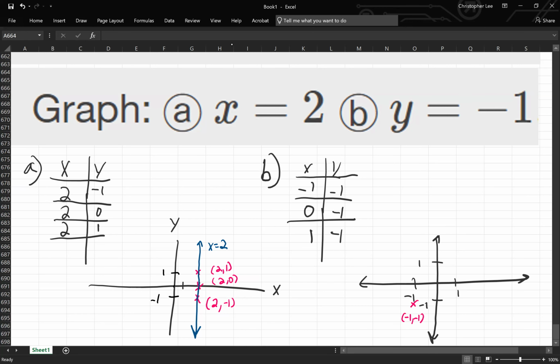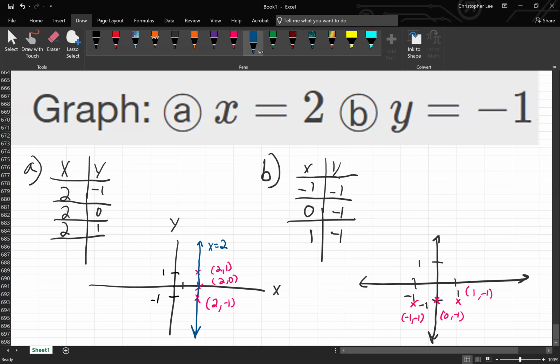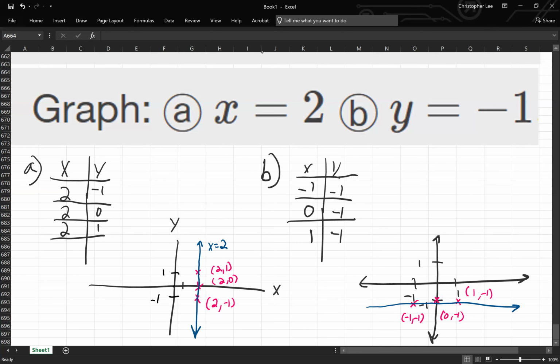Then I have 0, -1, which is right here. And I have +1, -1, which is right here. Then after that, give me the graph. Nothing crazy. y equals -1.